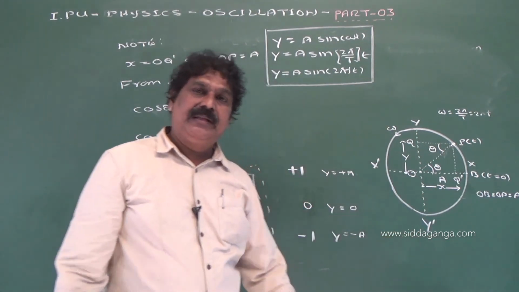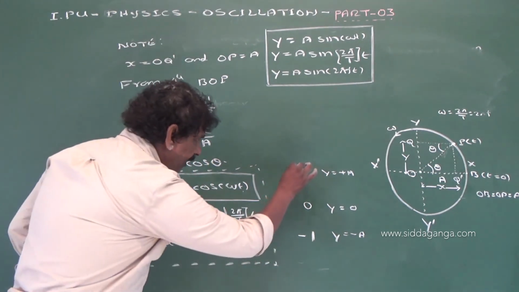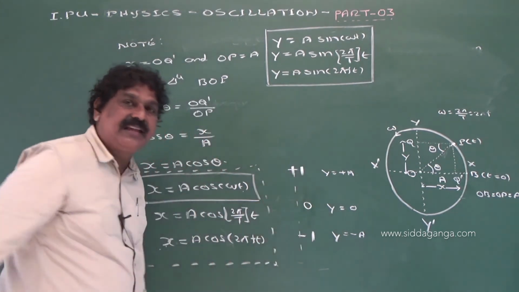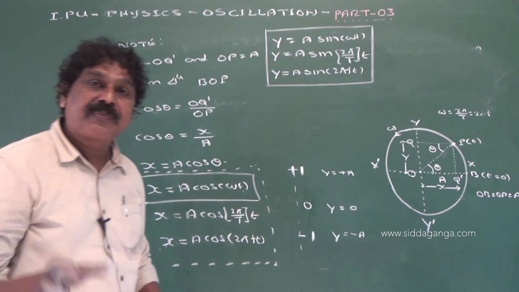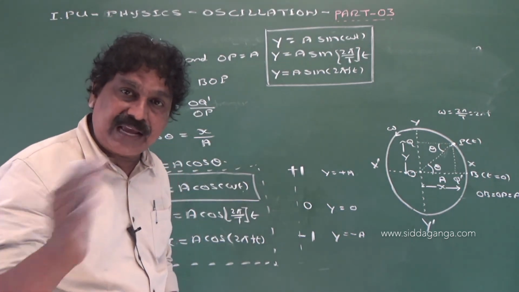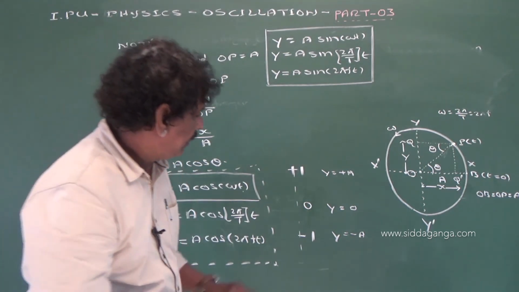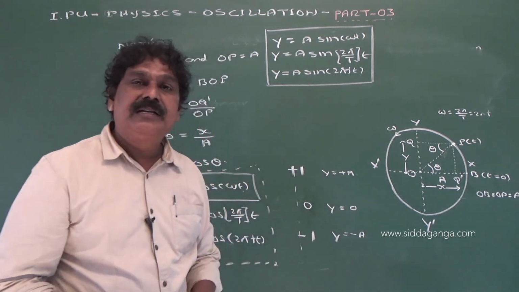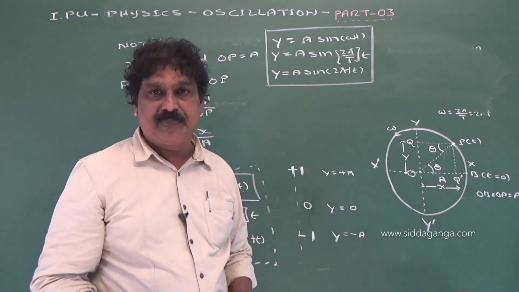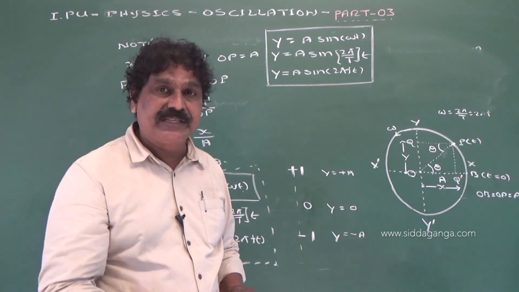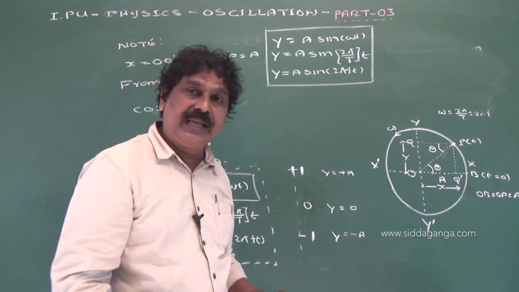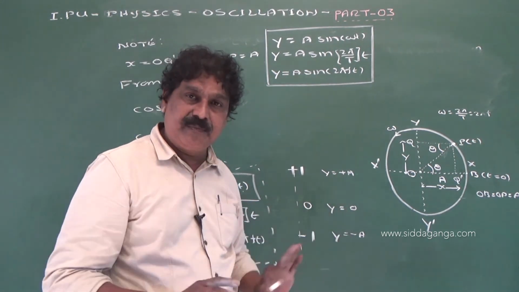Therefore, sin theta and cos theta are periodic and bounded. From this, simple harmonic motion or oscillation is periodic and bounded.